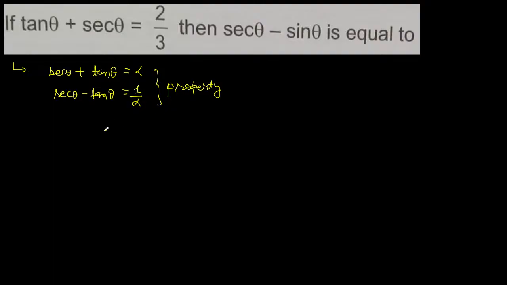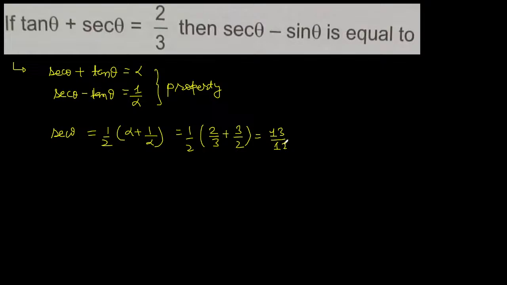So my saying is that if we add them, we are going to get value of sec theta equal to half of alpha plus 1 by alpha. Here alpha is 2 by 3. So can we say it is 1 by 2, 2 by 3, 3 by 2, 13 by 12. Okay, so we got the value of sec theta.